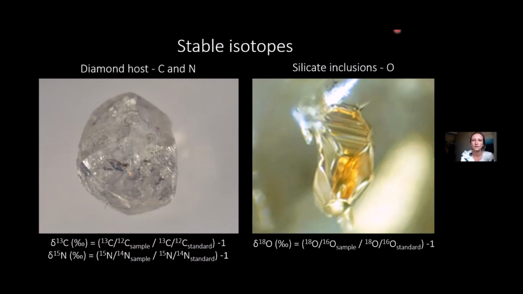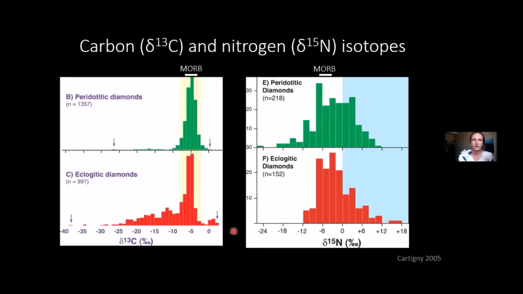However, slightly less traditionally, we also looked at the oxygen isotopic signature of silicate inclusions, which is also reported in a delta notation. And so, as I said, the carbon and nitrogen study of diamond itself is quite robust, and there's a big database of literature that we can look at.